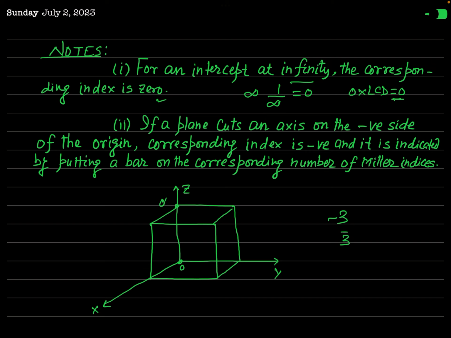So I have mentioned it here. You can see if a plane cuts an axis on the negative side of the origin, the corresponding index is negative, and it is indicated by putting a bar on the corresponding number of the Miller indices. For example, consider the 6 faces of a cubic crystal.